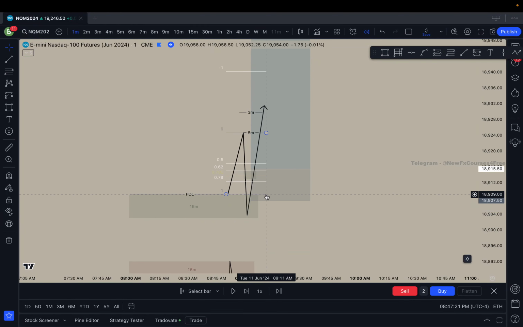I think ICT says to use this as the first leg of the breaker, because in the end this is a breaker, right? Because then we're going to trade back to this being a breaker. And you're already break even here. You're not waiting for this breaker to see if it's going to hold or not.